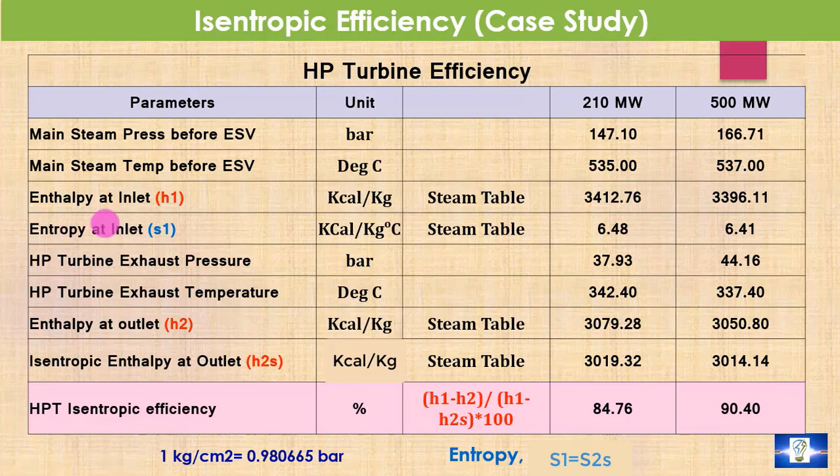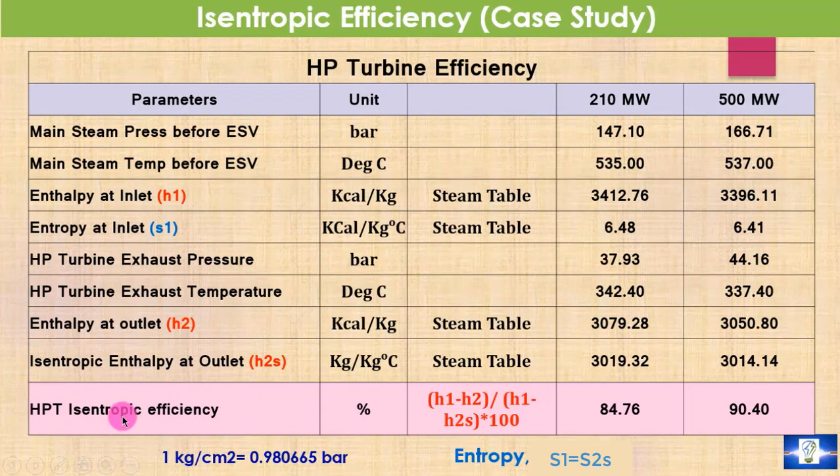So, from the entropy S1 and the HP turbine exhaust pressure, we can calculate the isentropic enthalpy at exhaust H2s, that is 3019.32 kilocalorie per kg, and from the formulation we can easily calculate the isentropic efficiency, that is 84.76%. In the same manner we can calculate for the 500 megawatt unit, where the isentropic efficiency is 90.40%.